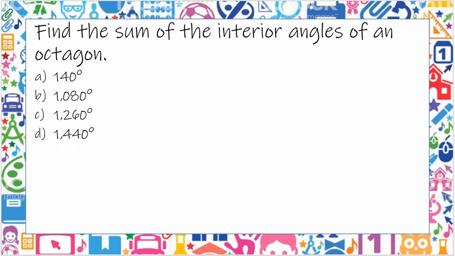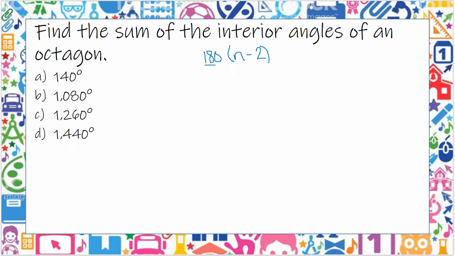Find the sum of the interior angles of an octagon. So an octagon has 8 sides. In geometry, we have this formula that finds the interior angles of a polygon.